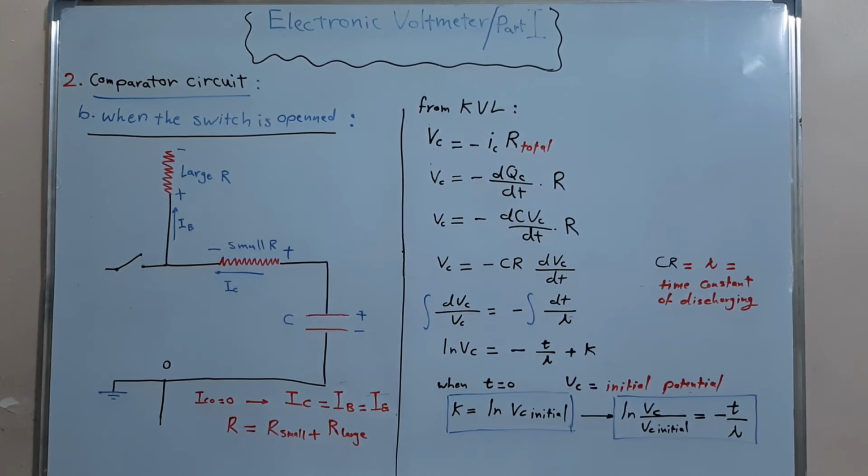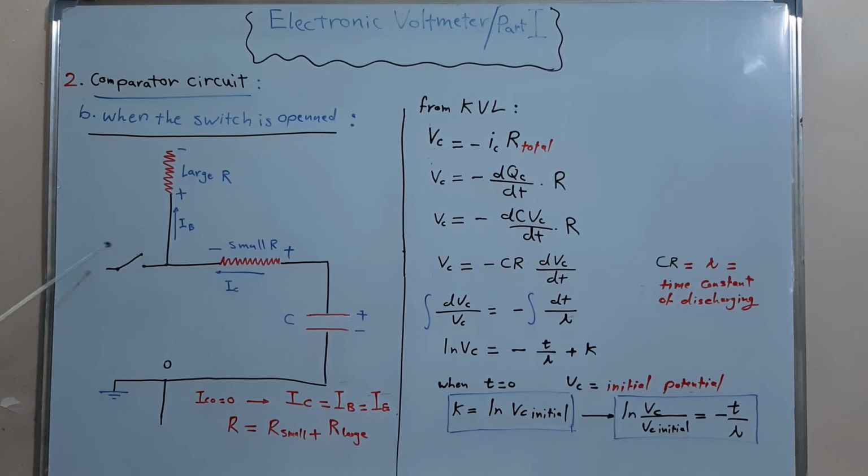Now let's see what happens when the switch is opened. When the automatic switch is opened, there will be no current in this line. So the capacitor circuit and base circuit will act like a single circuit. And as we know previously, the collector current is equal to 0.